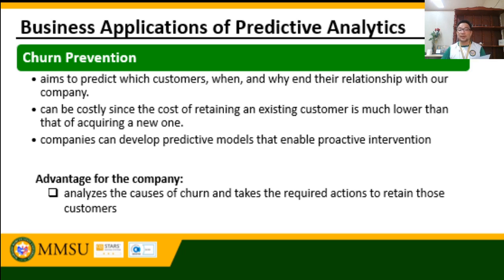Now, some types of attributes used in churn prevention are the following. We have, again, socio-demographic variables like gender, age, education level, job category, marital status, and nationality, to name a few. Another one is products contracted, so using credit cards, insurance policies, and others.